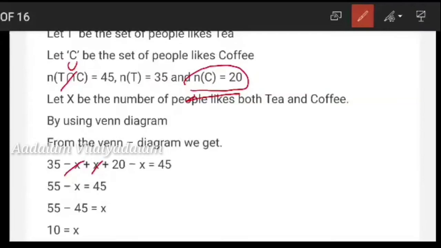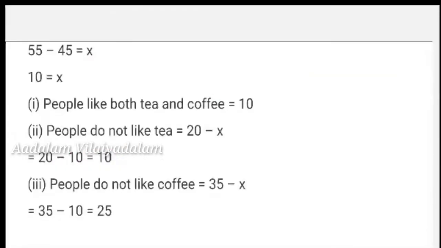Adding these two numbers we get 55, and the remaining value minus X equals 45. Therefore 55 minus 45 equals X, so 10 equals X. Now people who like both tea and coffee is 10 members.